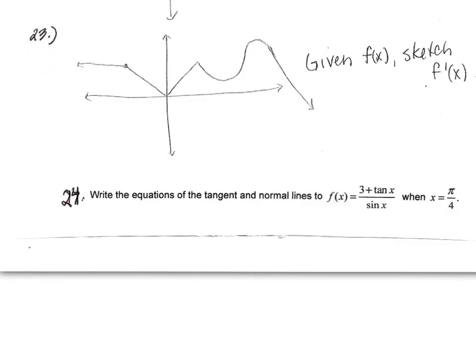For 23, we're given the graph of f of x, and we want to sketch the graph of the derivative, or the graph of the slopes. So for this first portion, we have a slope of 0. So I'm going to graph 0. And then we have a sharp turn, so I'm going to make that undefined. Here, I would guess that we have a constant slope at, I don't know, maybe about -1.